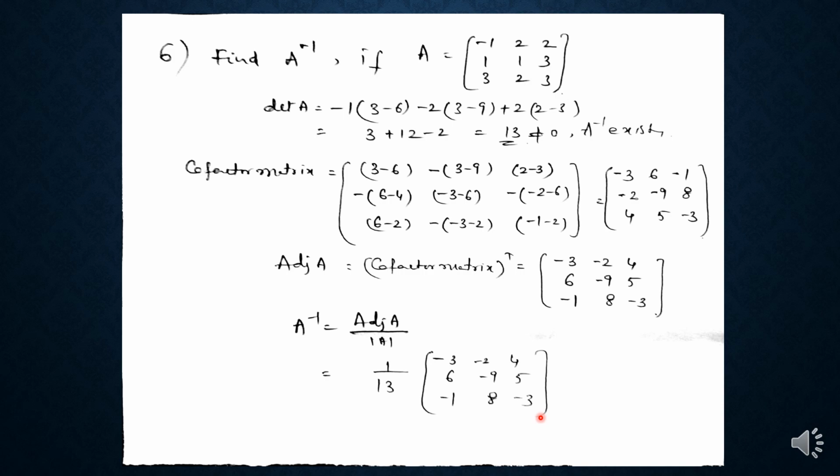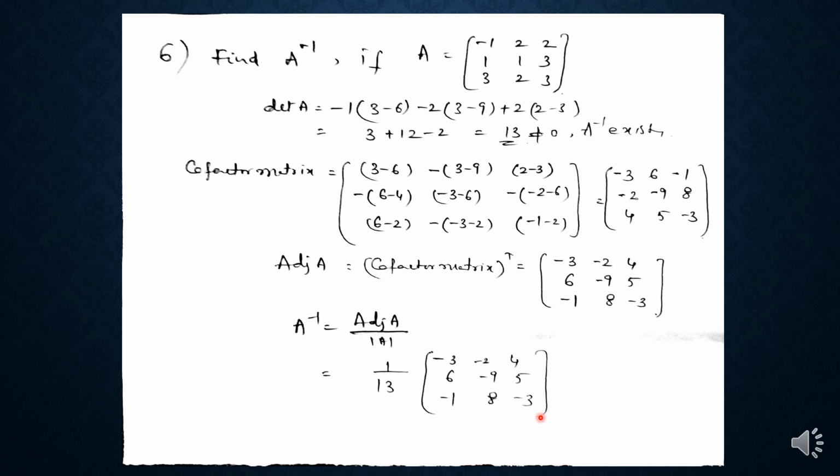Thus if the given matrix is a non-singular matrix, then only we can find its inverse. And what is the formula for A inverse? A inverse is equal to adjoint A by det A. And what is the inverse of a 2 by 2 matrix?